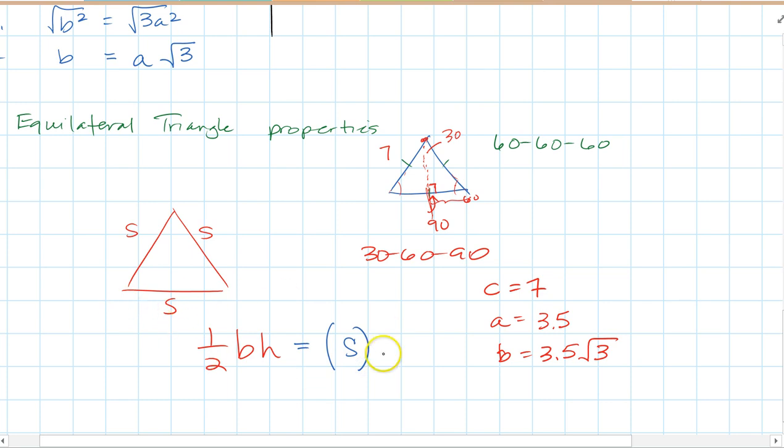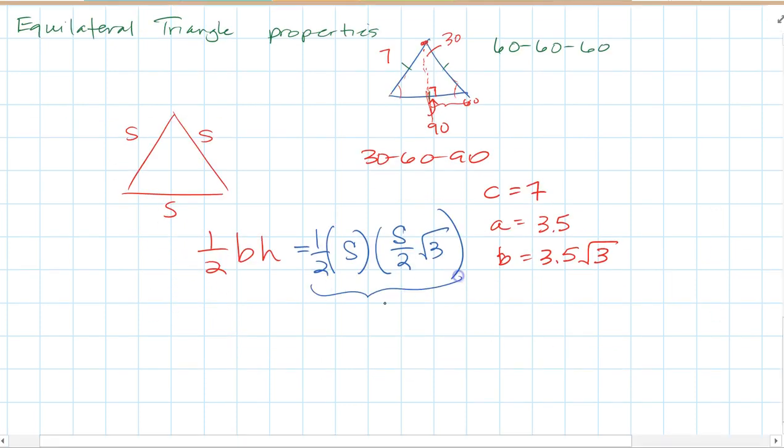And the height is going to be S divided by 2 times root 3. Oh, I forgot the 1/2, sorry. 1/2 the base, and this is going to be S divided by 2 times root 3 because of this.